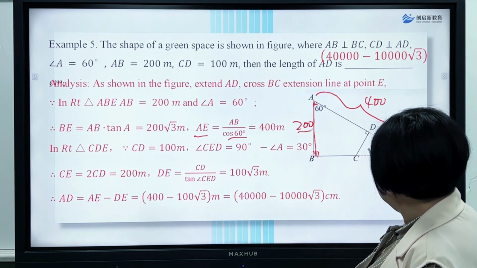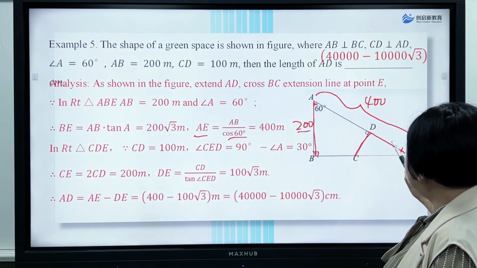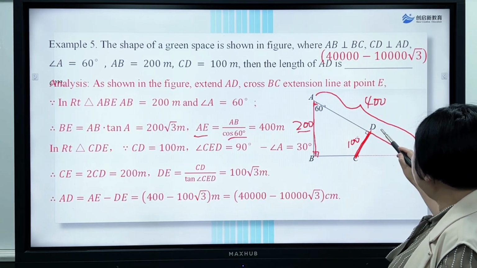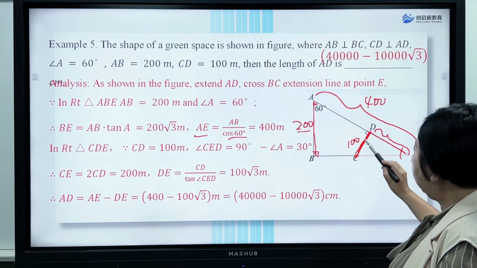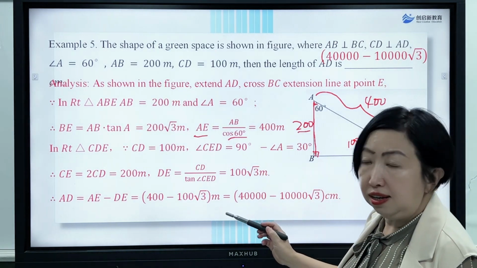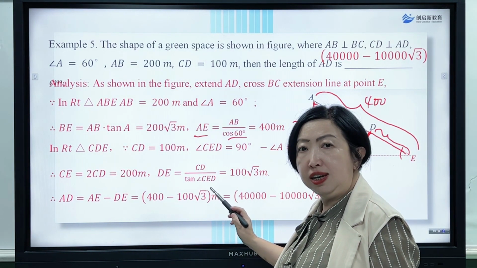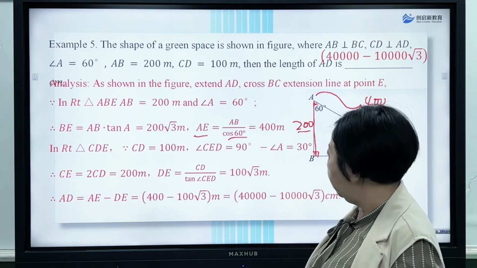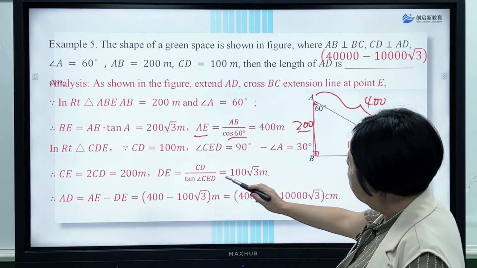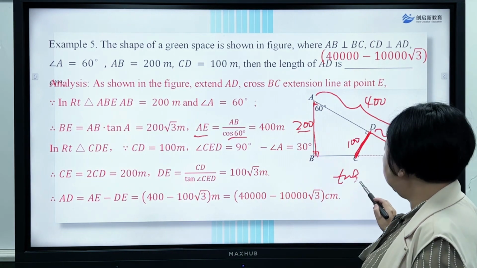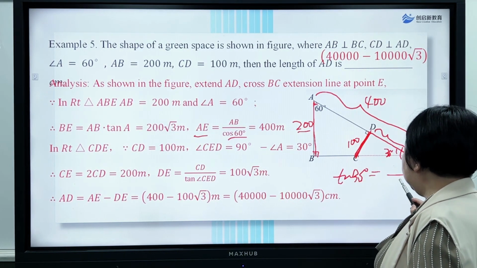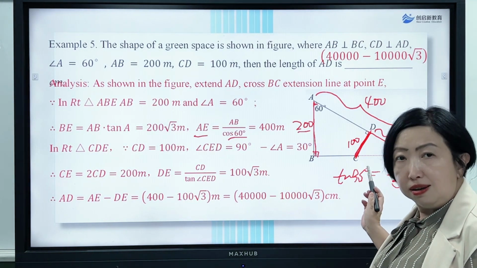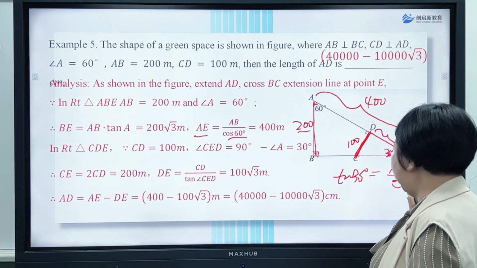Okay, in this right triangle, CD is 100 meters. Of course, CD over DE is the tangent of corner CED, which is 30 degrees. Tangent 30 degrees equals one third root 3.